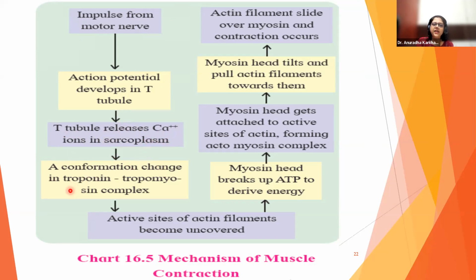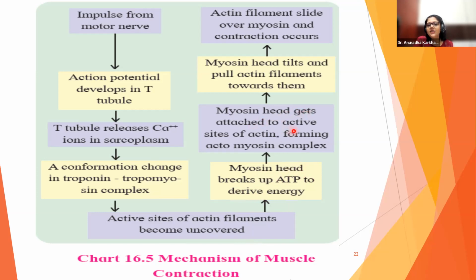A conformational change in troponin tropomyosin complex will take place. Conformational change means temporary change. Again, it is going to come and sit on that same particular area. It's a temporary change. Active sites of actin filaments become uncovered. So now they are going to get exposed. Myosin head breaks up ATP to derive energy. So ADP and IP आ गया.